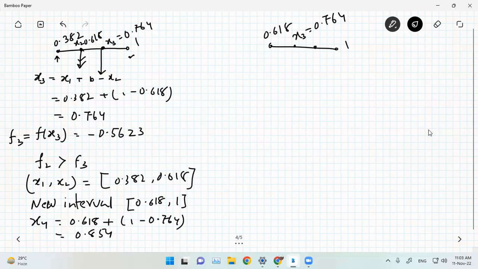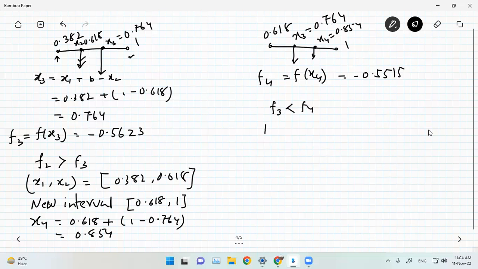So somewhere here is your x4, that is 0.854. Now if you find the value of f4, that is f(x4), it will be minus 0.5515. Now definitely this is smaller than this one, basically in the negative, so the notation will be opposite. So f3 is smaller than f4.